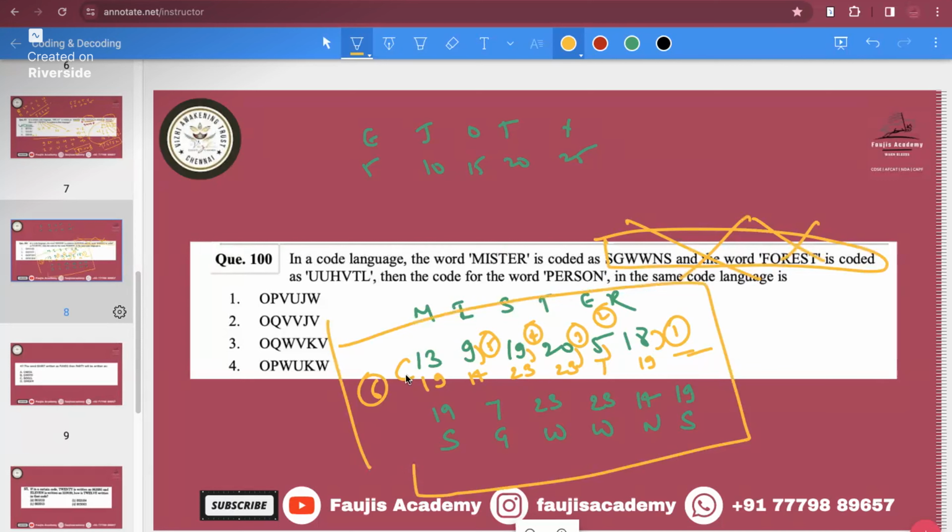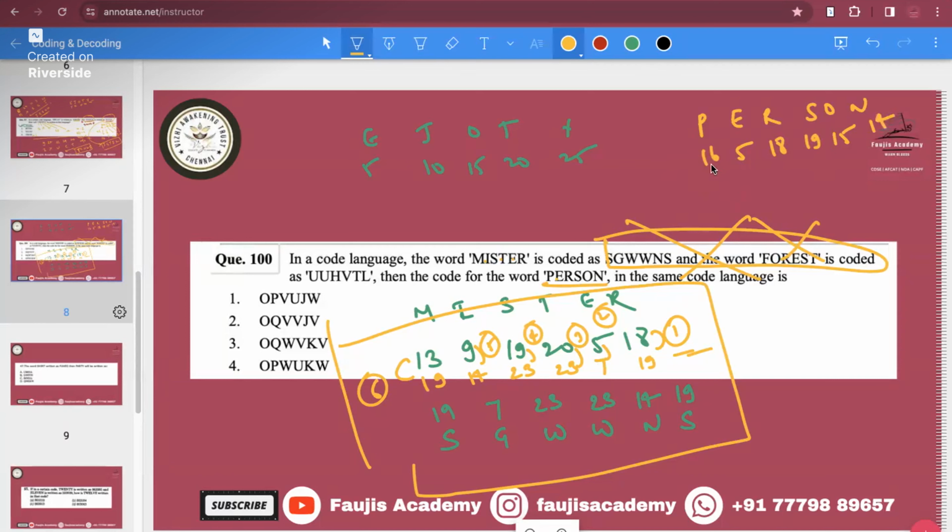So 1, 2, 3, 4, 5, 6. So the 16th is basically 1, 2, 3, 4, 5, 6. Let me write it over here. Person: E is 5, O is 15, R, S, T, N is 14.